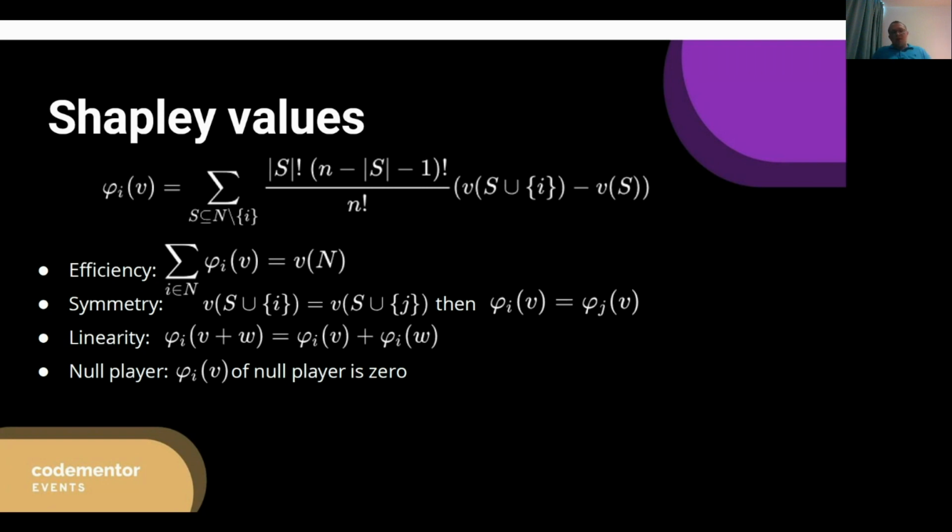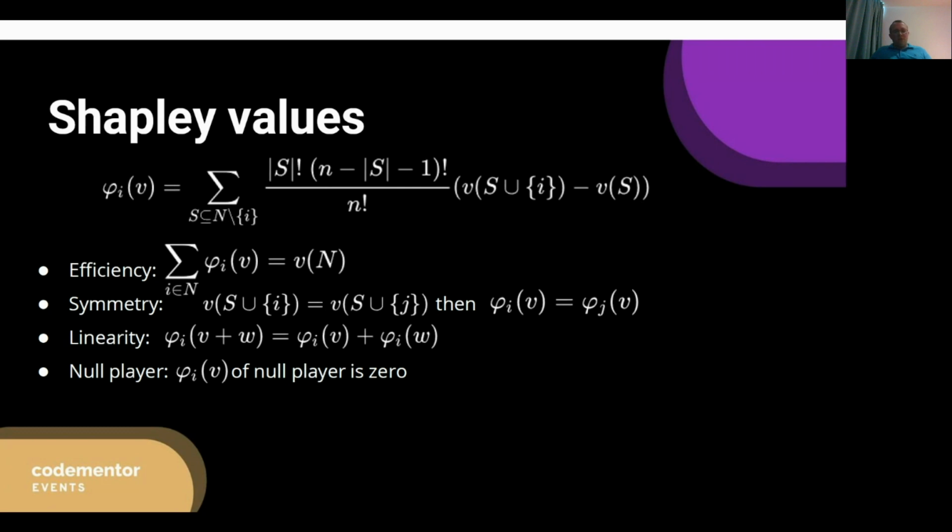The next one means that if we have two people in this orchestra who contribute exactly the same, they have to get the same money. The last means that if someone is completely useless, he has to get nothing.